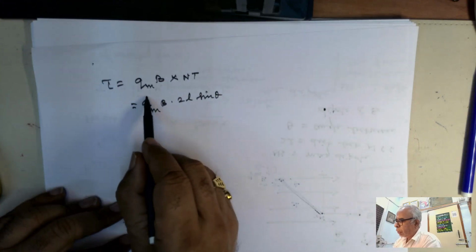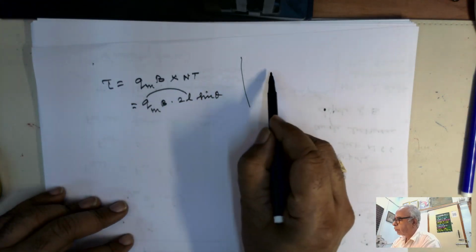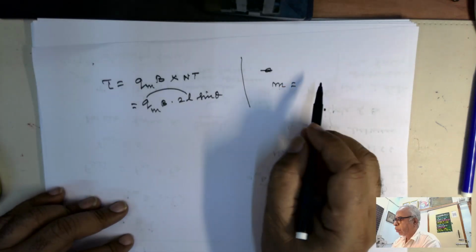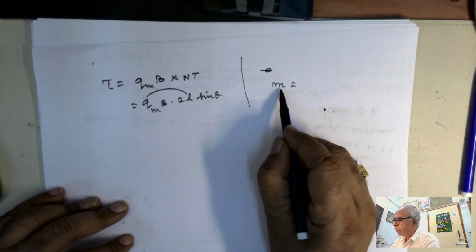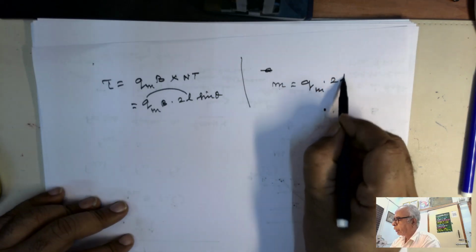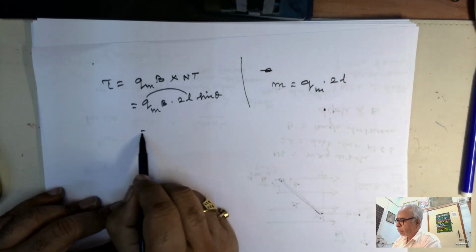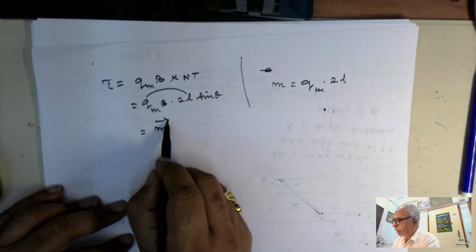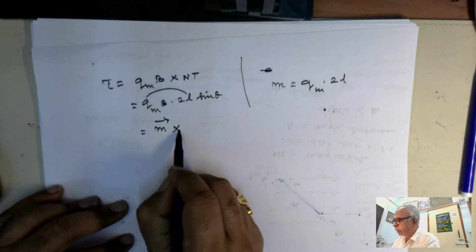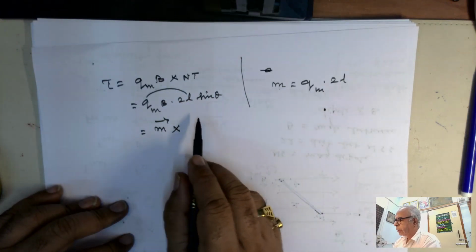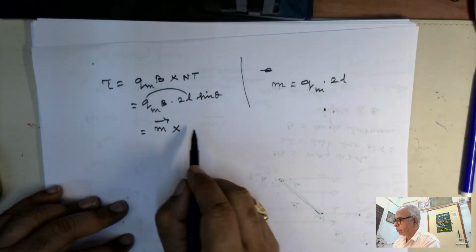So this Q into 2L, what is that? Magnetic moment, dipole moment. So magnetic dipole moment is Qm into 2L. Therefore, we can replace this as M vector cross B vector, because it is the sine theta.